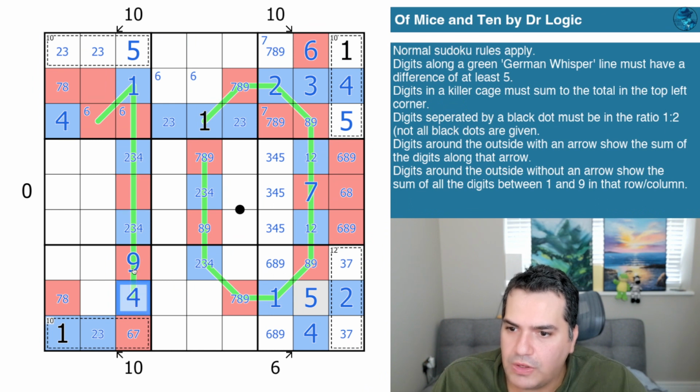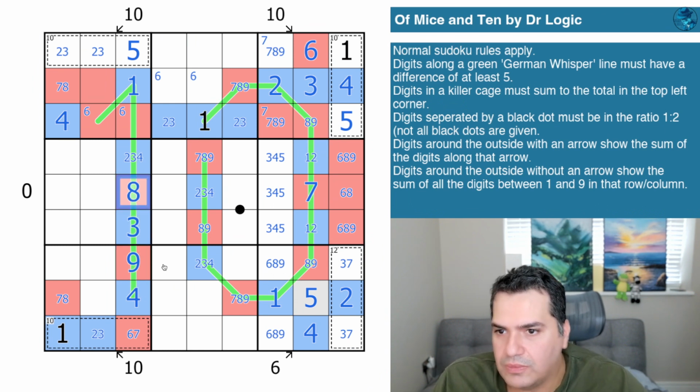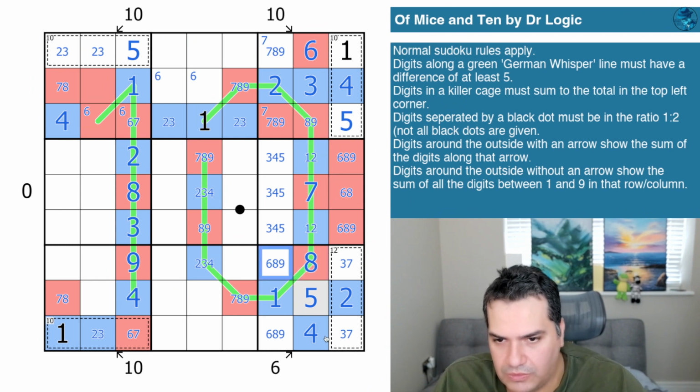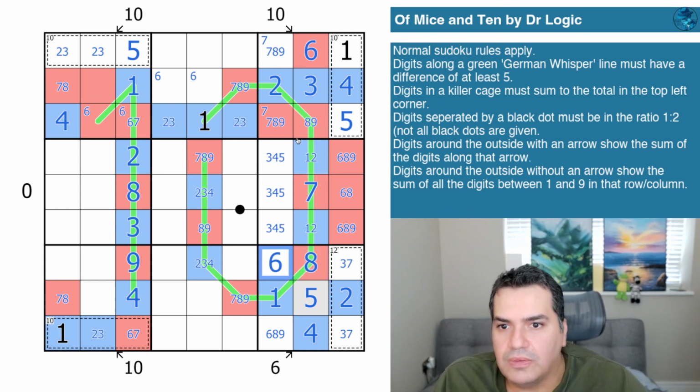And yeah, there is no other way for the 4 to be placed, or the 9. So 3, 8, 2, and 6 or 7. That gives us this 8, and this gives us this 6.